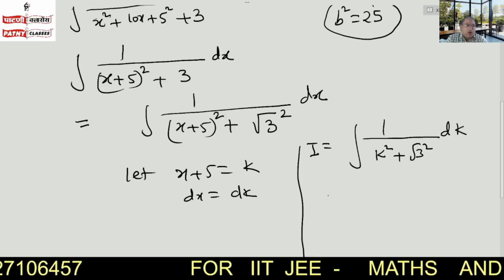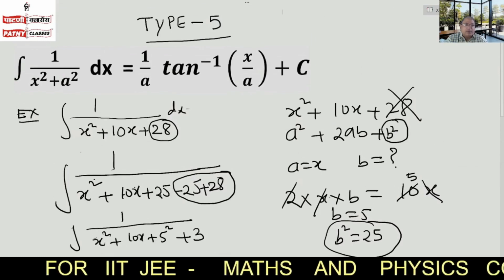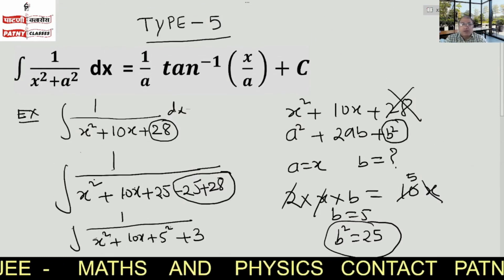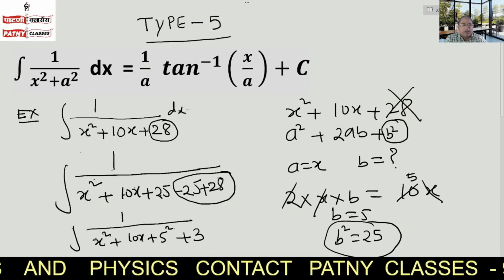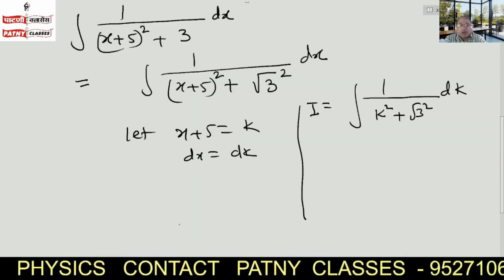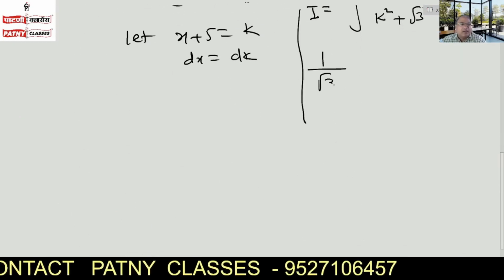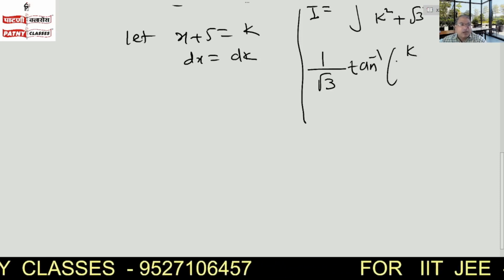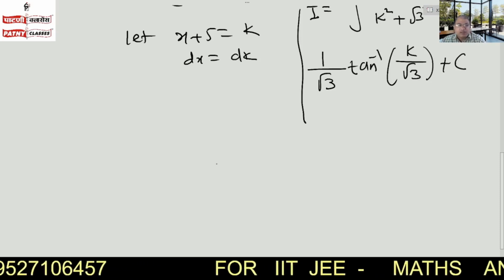Now we already have that formula. What is the formula? This one: integration of 1 upon x square plus a square equals 1 upon a tan inverse of x upon a. Now we can apply that formula. Applying it, we get 1 upon a, that is 1 upon root 3 tan inverse of k upon root 3 plus c. This is the final answer.